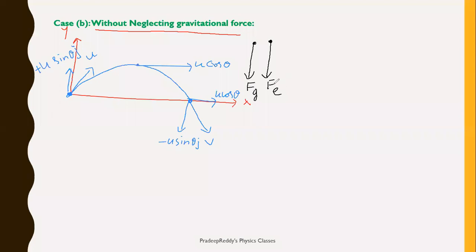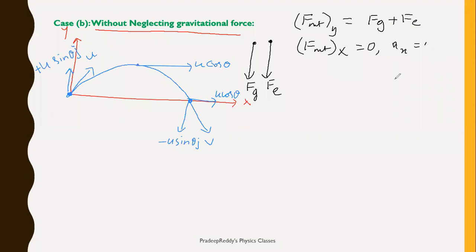Now there is an Fe value also. Therefore, F net along the y direction will be equal to Fg plus Fe, and F net along the x-axis will be equal to 0. Therefore, acceleration along the x-axis is equal to 0.